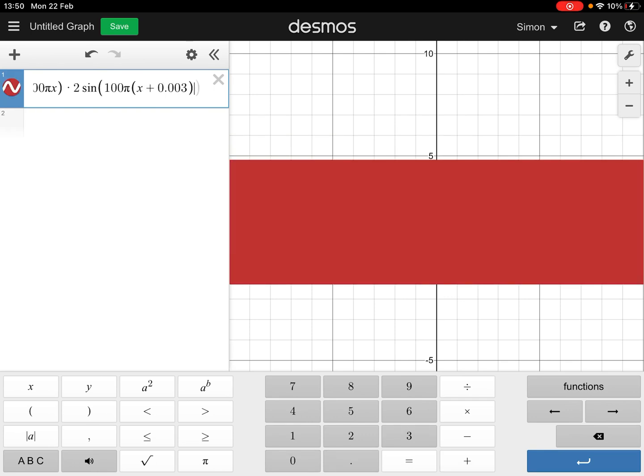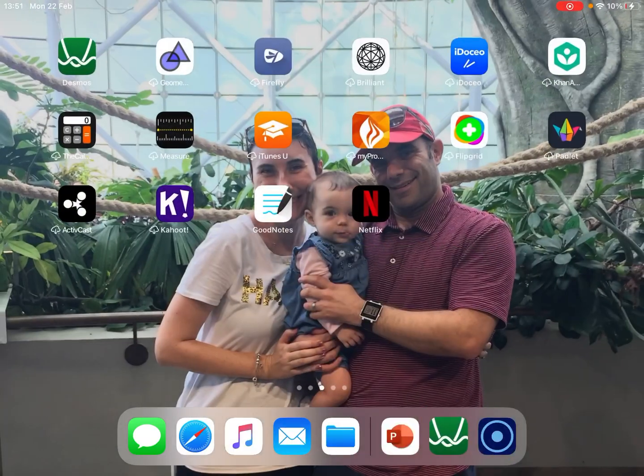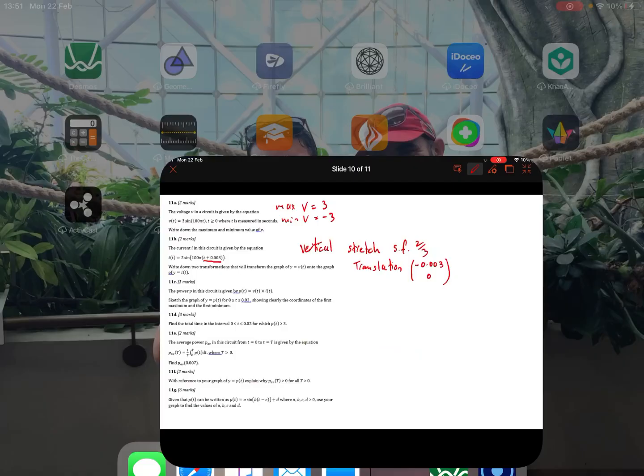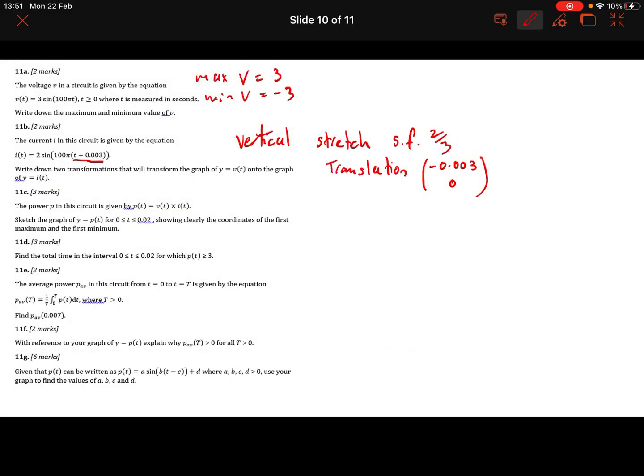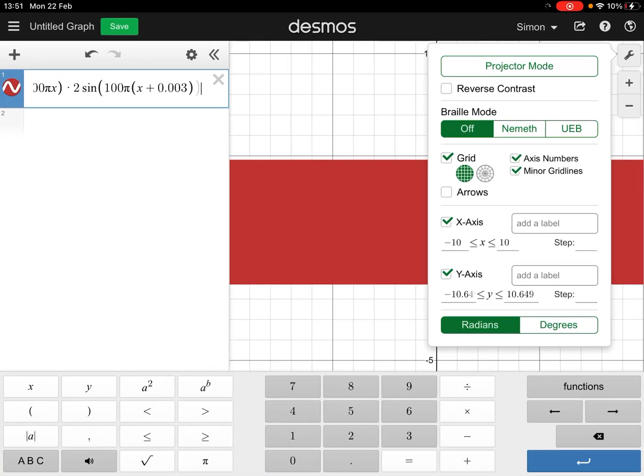Well, possibly, do I have it in radians? I do have it in radians, so the reason why it's coming out strange is because I need to change my view. Let's just have a look at what the domain is quickly. The domain is only from 0 to 0.2, so that's why. So let's change my domain from, let's say, minus 0.01 through to 0.02.